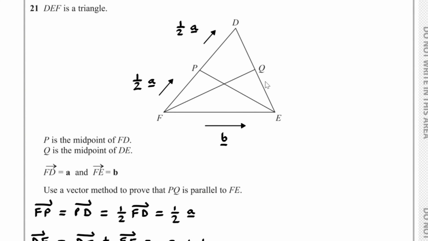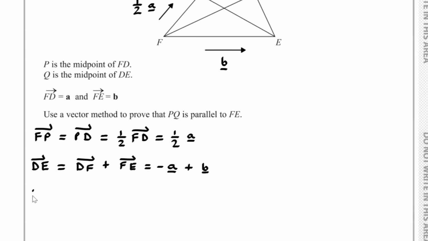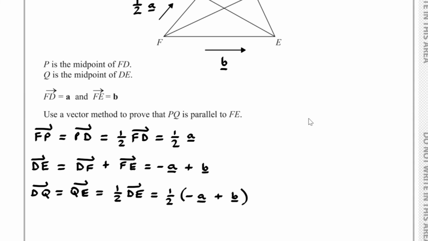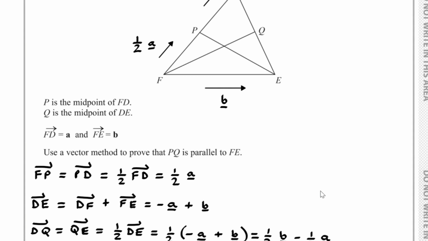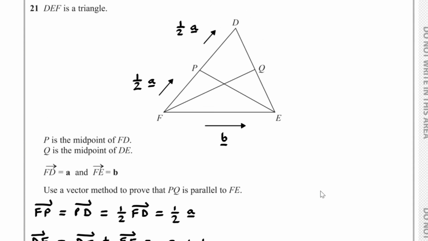And knowing that Q is the midpoint, then DQ is equal to QE, which is equal to 1/2 of the vector DE, which is equal to 1/2 of minus A plus B, which is the same as 1/2 B minus 1/2 A. And what we can also find is the vector PQ.